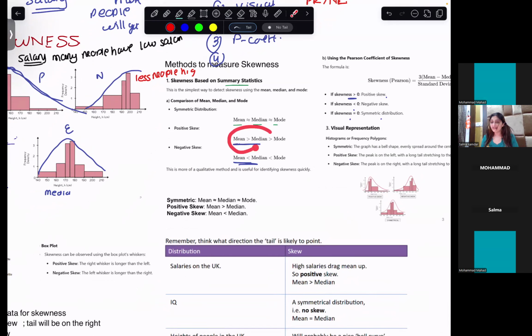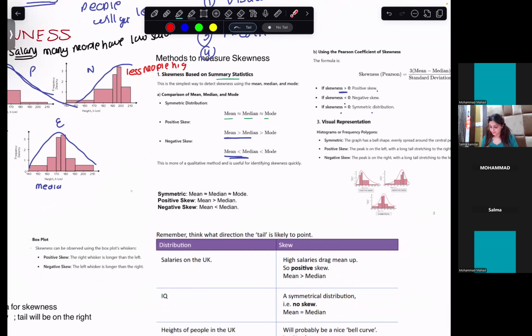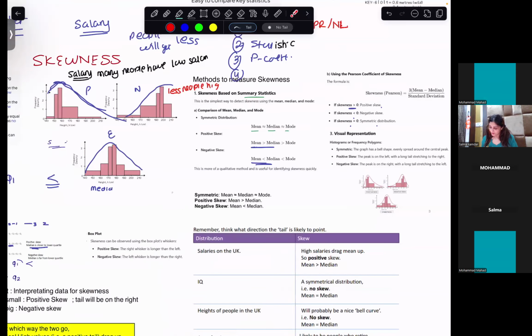To decide positive or negative skew, you take the mean and median. If mean is more than the median, it's positive skew, and if mean is less than the median, then negative skew.